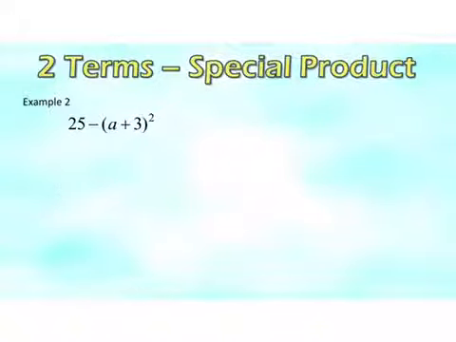Factorization involving 2 terms where we need to use our special products. So in this case, what is our special product? We will have our special product to be a square minus b square equals a plus b, 1 plus, the other one minus, so a minus b. Okay, let's take a look at these two terms.